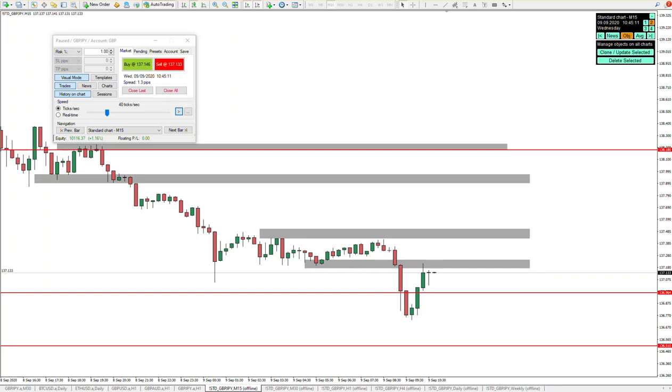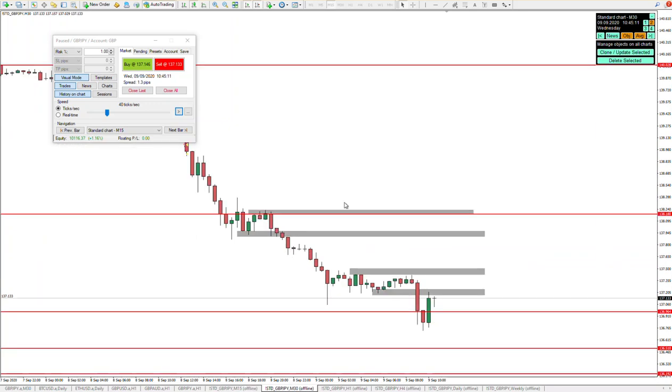Still we are below support. We can't do anything here. Let's go on for another 50 minutes. Let's see if we get a rejection of the support or if we close inside this range. If that's the case, then this move down was a fake out.